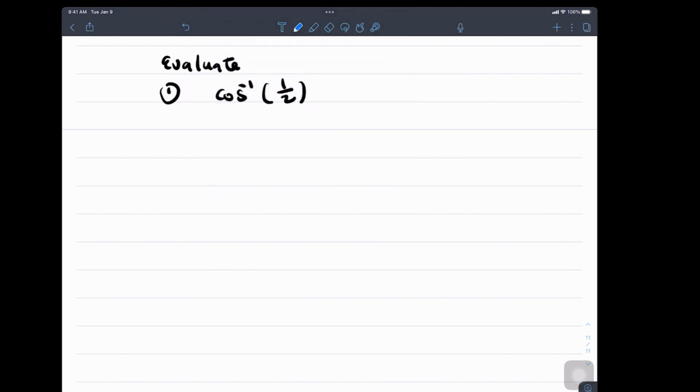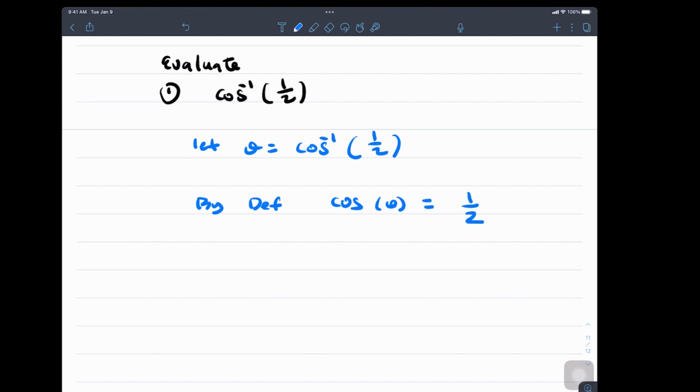So remember, the process is exactly the same. You let theta be what? Inverse cosine of 1/2. And so by definition, again, you can say by def, cosine theta is +1/2. Okay?